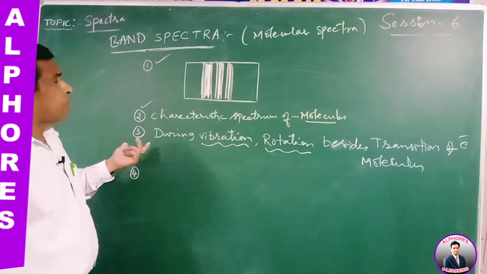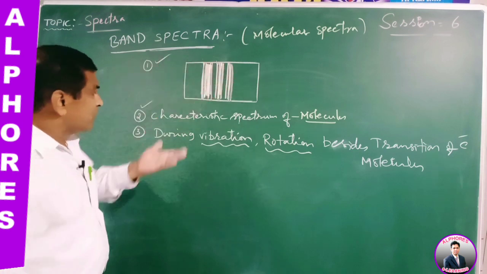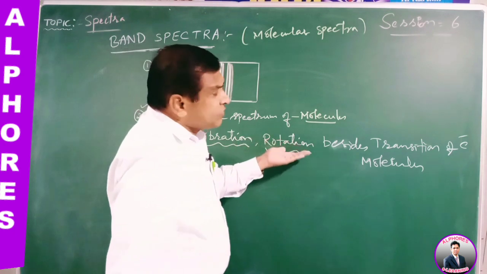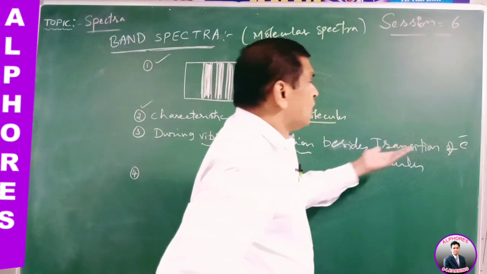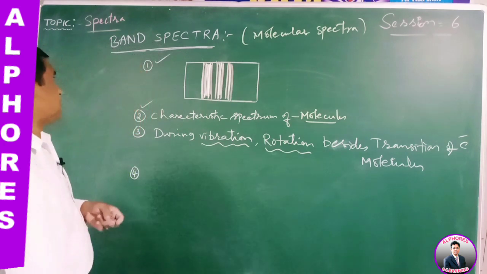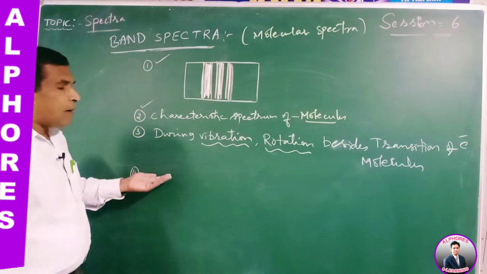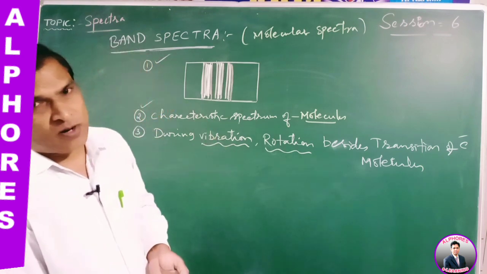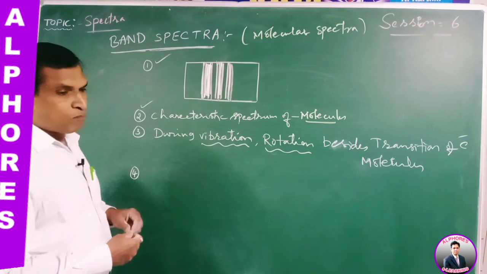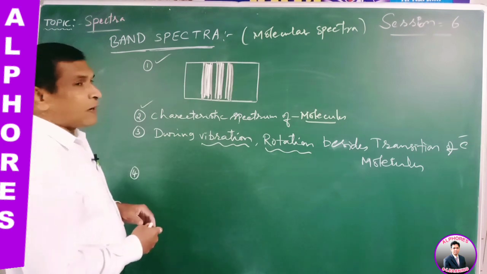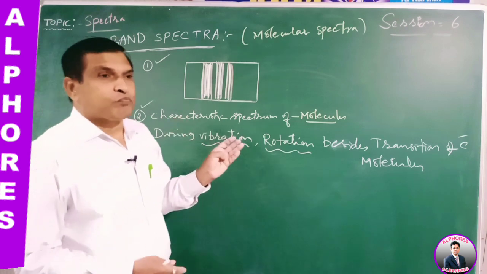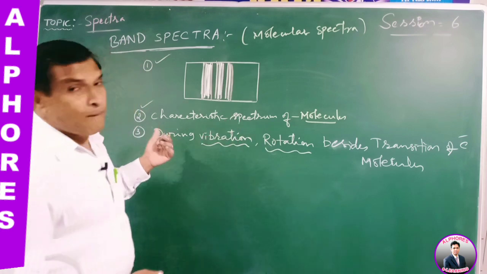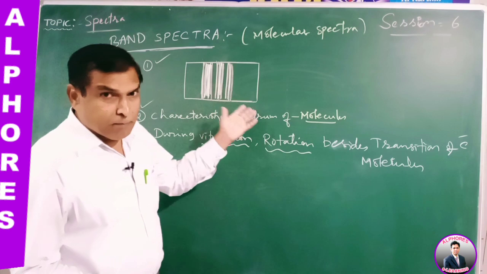And third point, band spectra or molecular spectra is formed during vibration, rotation, besides transition of electrons in the molecules. And hot gaseous molecules can produce this molecular spectra. Okay, this is about spectra, that is continuous spectra, discontinuous spectra, emission spectra, absorption spectra, line spectra and band spectra.